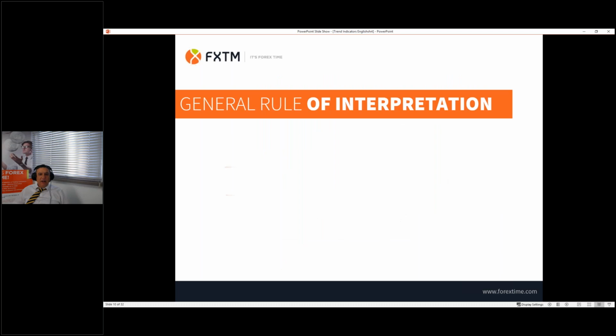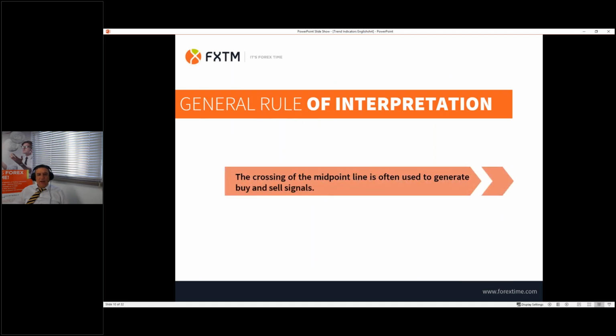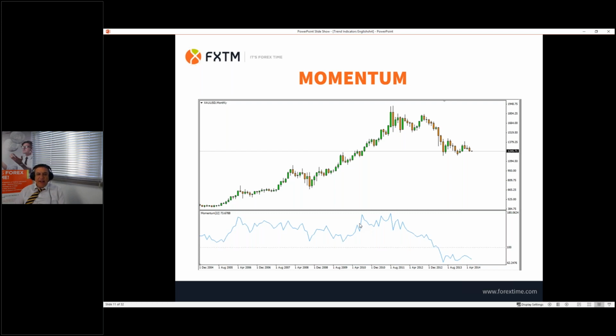Now, the most important thing that you can get out of interpreting an oscillator is the crossing of the midpoint line, of the baseline, as I just explained. Let's take a look at this chart here that I have for you. This is gold. This is a real chart, by the way. You see that gold has been going higher and higher for many years. And please take a look at the momentum: it has stayed above the 100 line.